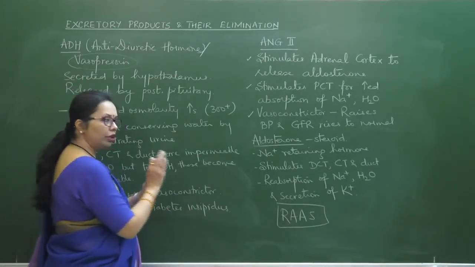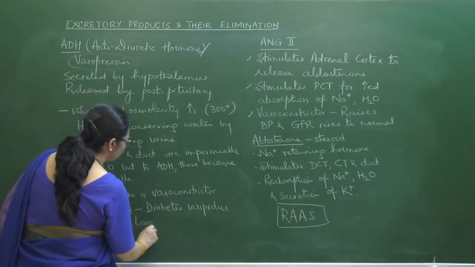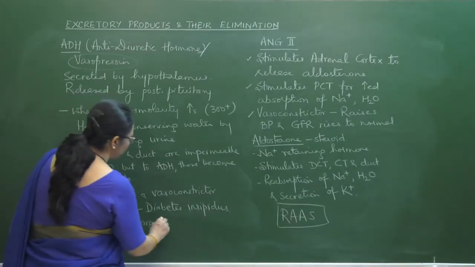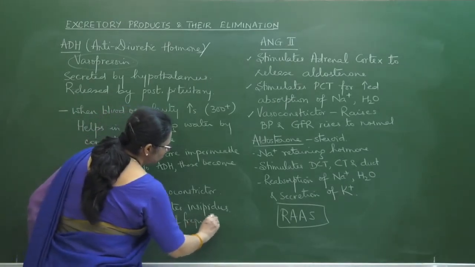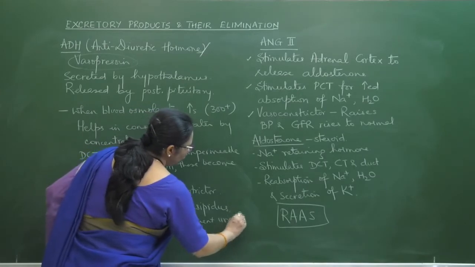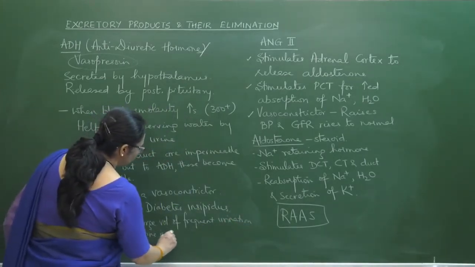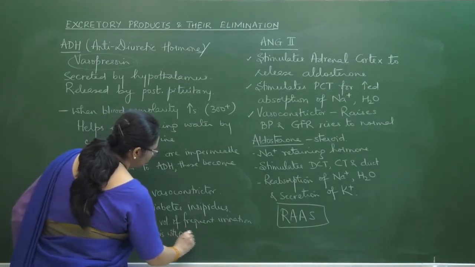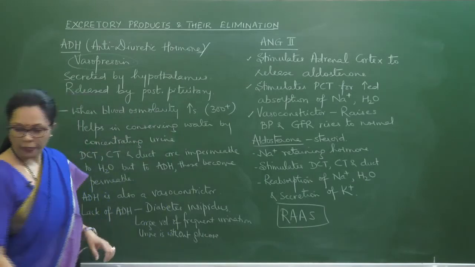Here large volumes of urine are produced, but they are not having any sugar in it. So large volume of frequent urination, but urine is without sugar, without glucose. Okay, that is there.